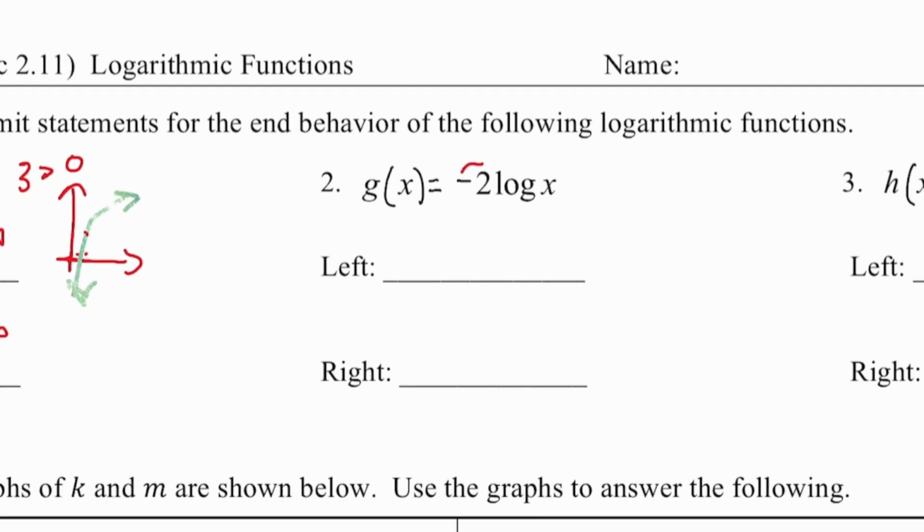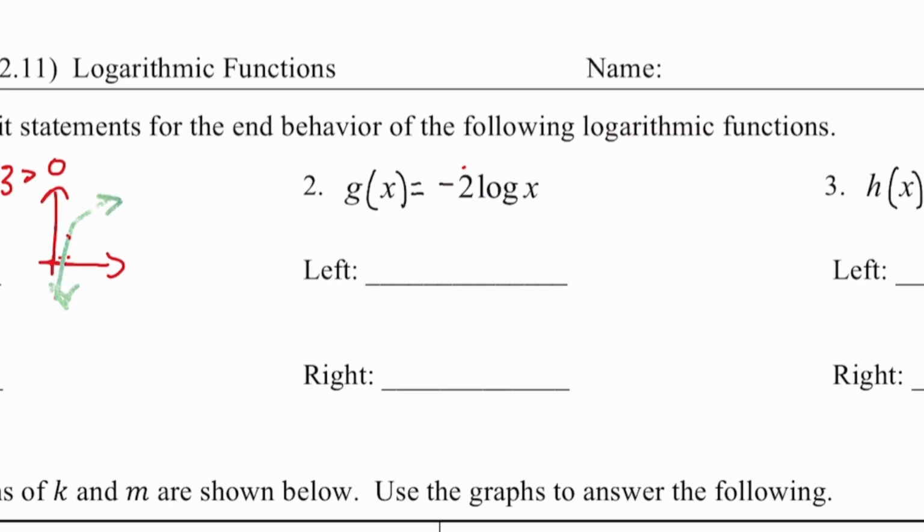Now the next one, we see this is a negative number. Negative 2 is less than 0. So that means we know our graph will be decreasing. It's going to start from positive and then go down to negative. The limit for x will always be the same.